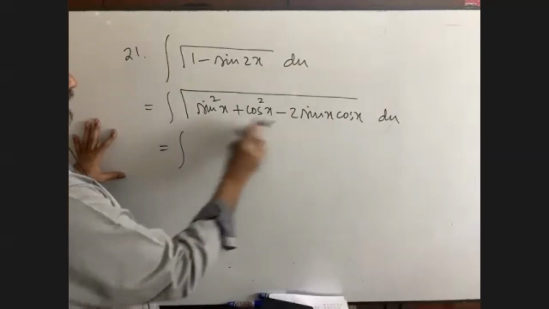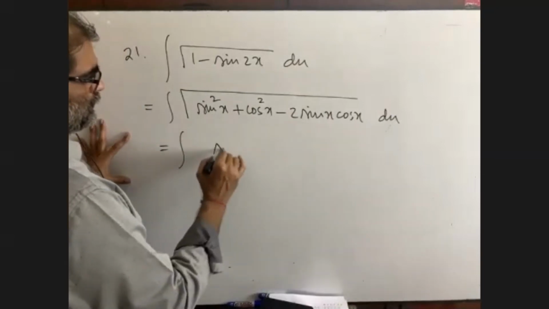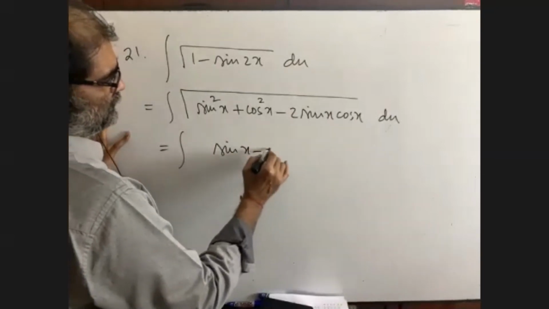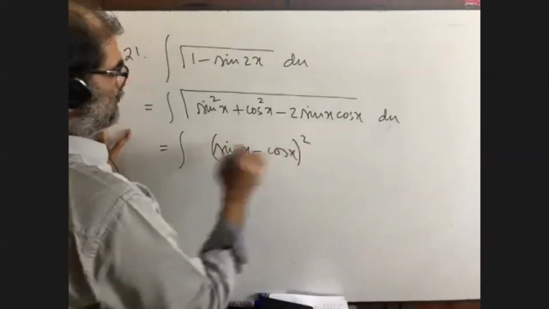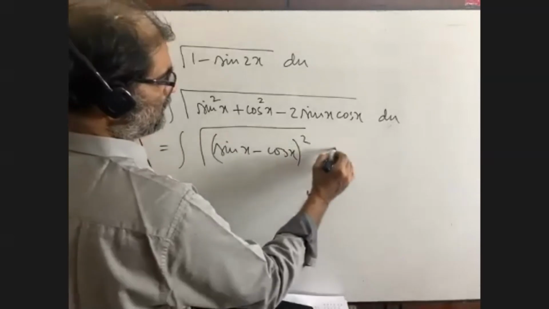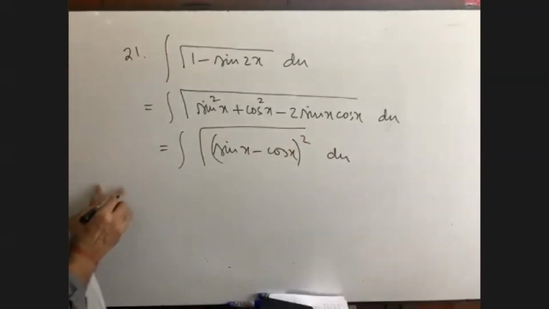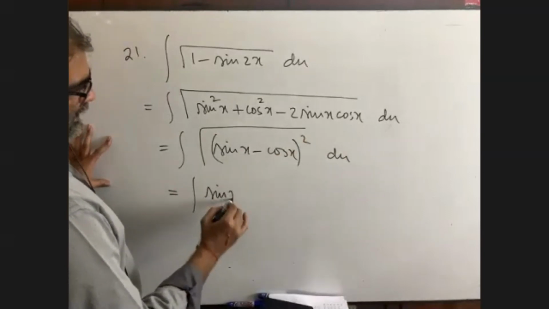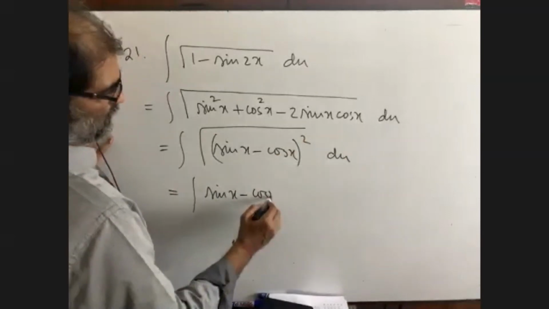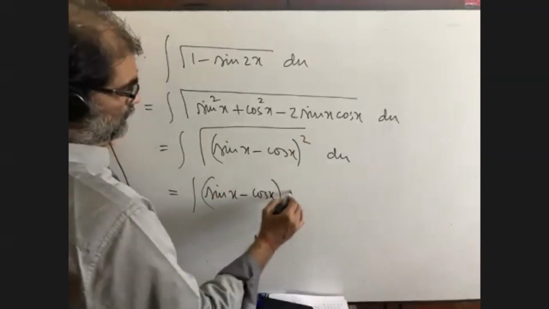That is, we are getting here the formula of sin x minus cos x whole square root over dx. Am I right? So this is sin x minus cos x dx.